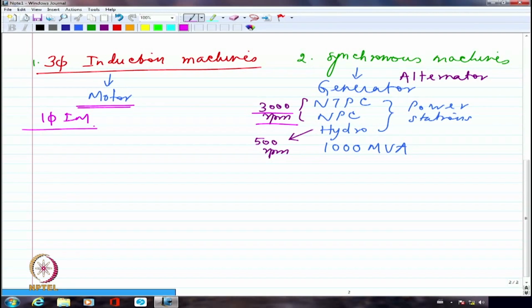The home appliances, if you look at, many of them use single-phase induction motors. For example, water pumping motors at home, fans, except for mixer and hand drill. If you look at hair dryer, lawn mower, you name it, many of them are single-phase induction motors. So this is used in almost all home appliances.